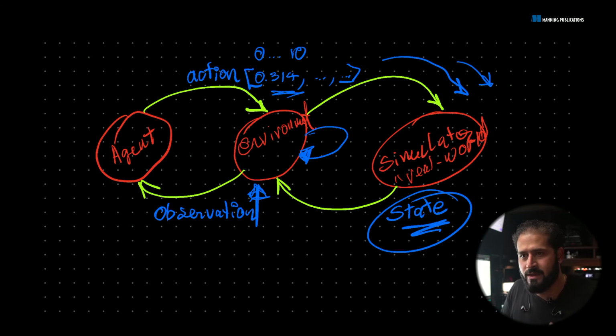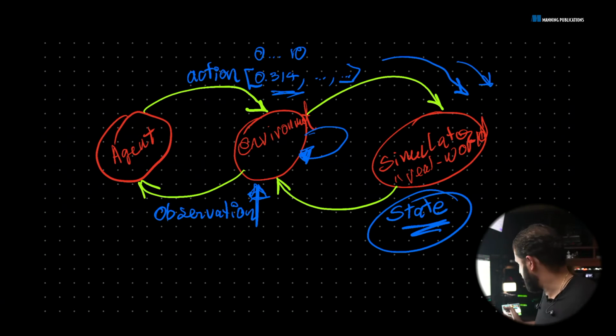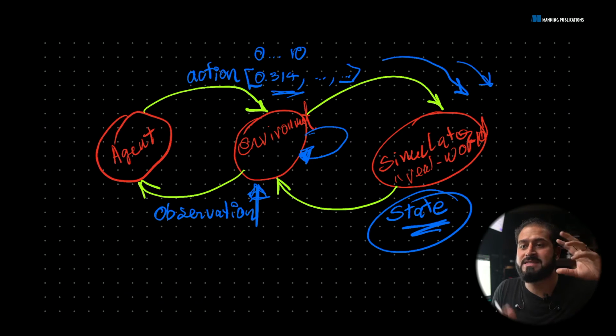But just know that when somebody says observation, they likely mean that there is some information that is partially observable, not fully observable. The agent doesn't know the true location of the airplane. The agent knows a sensor view of the location of the airplane, which contains noise and all that stuff.